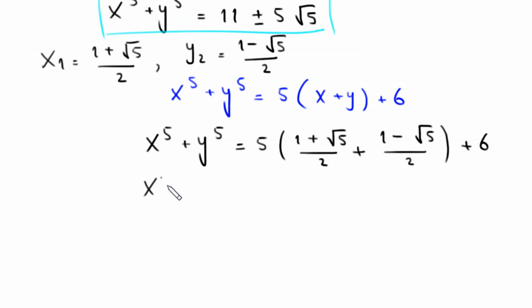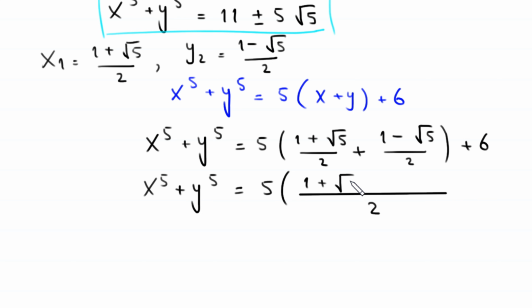Next, we write the common denominator 2. This 1 plus root 5 will come here, and this 1 minus root 5 will come here, plus 1 minus root 5, plus 6.